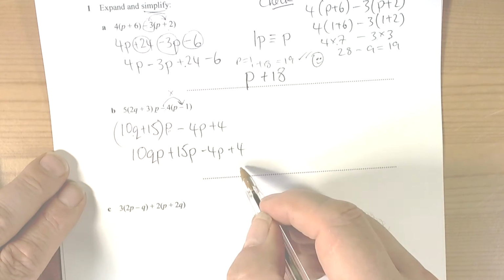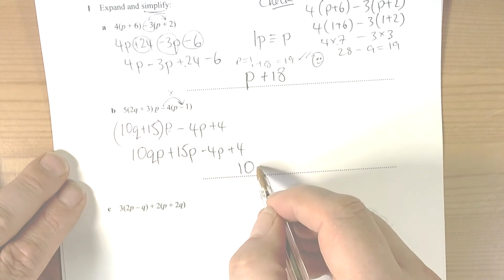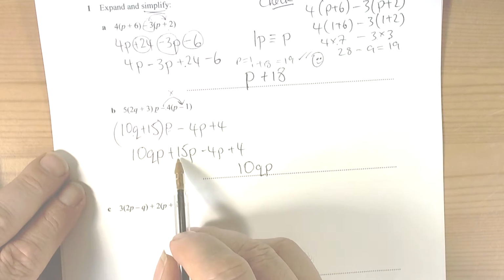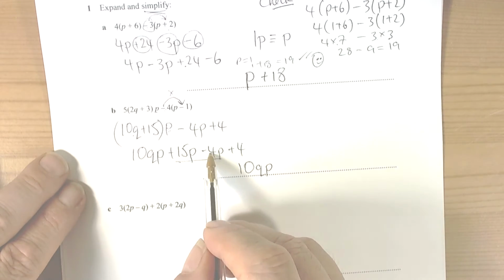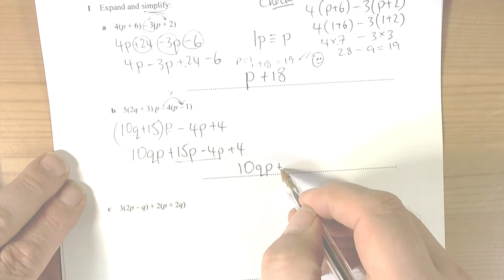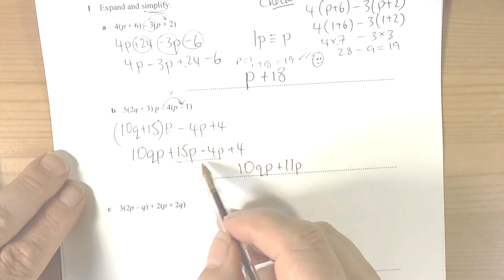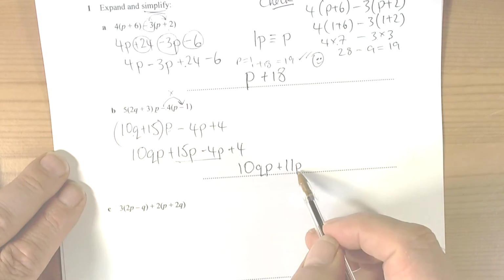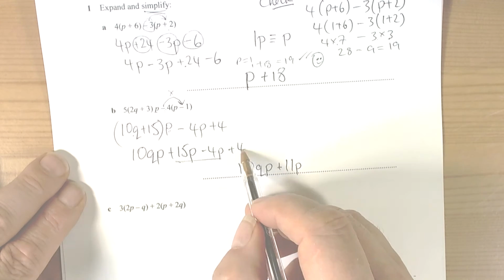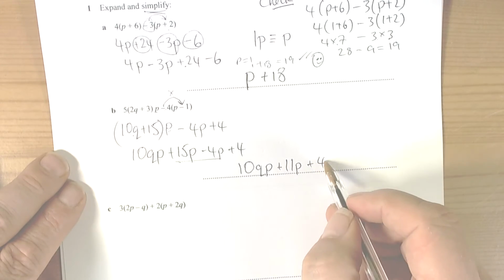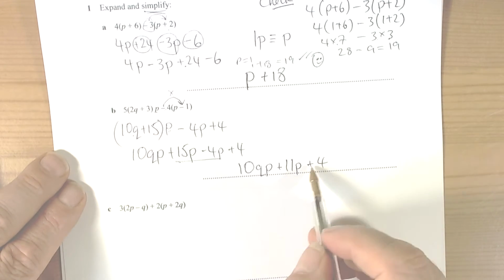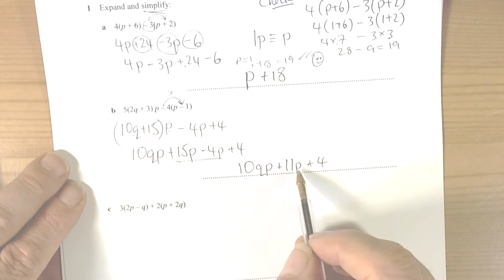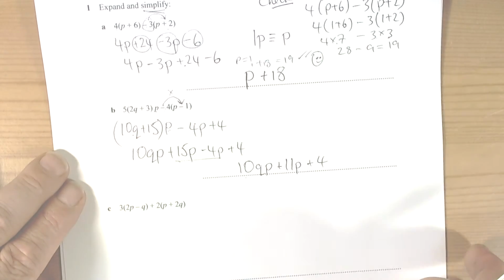We've got no more qp's, so it's going to be 10qp. Here though we have 15p's take away 4p's, which will be plus 11p. 15 take away 4 is 11, and talking about p's, so the answer will be p's. And then we've got plus 4, no other constants, so it'll just be plus 4. That would be the final answer for that one.